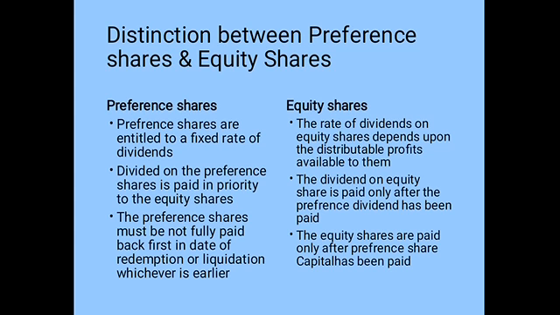Even in the case of capital, the first preference is given to the preference shareholders, then to the equity. So at last, when there is a winding up of the company, only then are the equity shareholders paid back, and that too only if an amount is left after paying the preference shareholders and other creditors of the company.